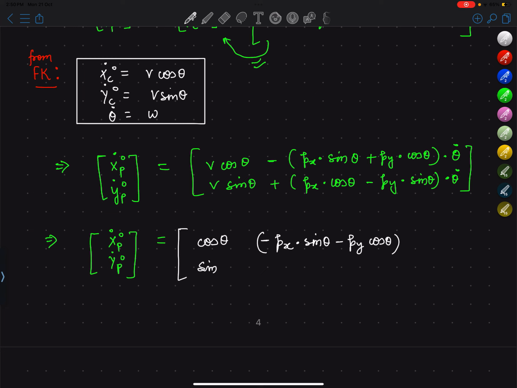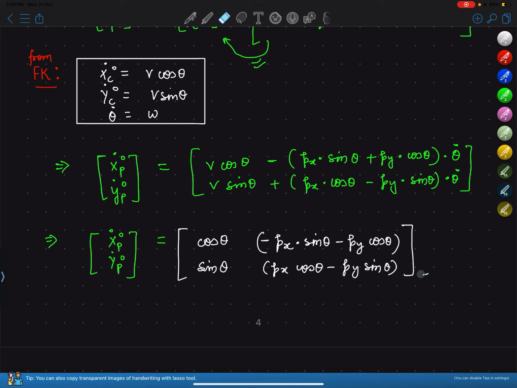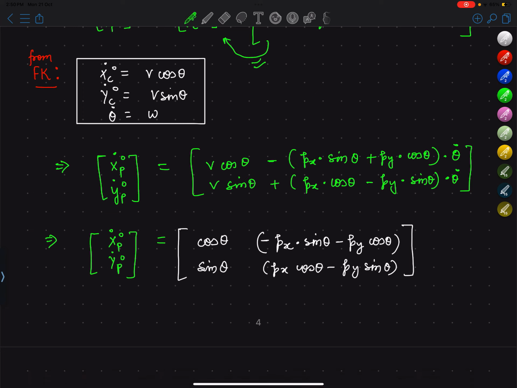This is sin theta and px cos theta minus py sin theta. Alright, this is a matrix multiplied by v and theta dot, which you can write as omega, as we saw here.